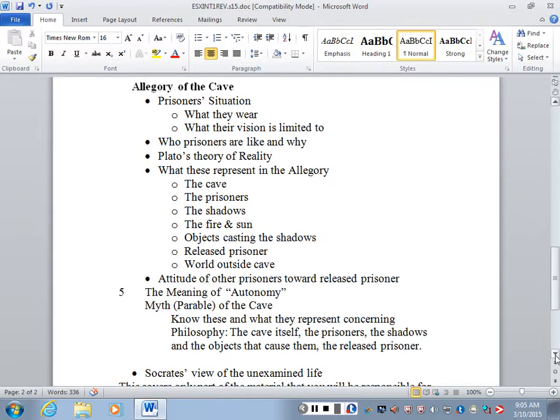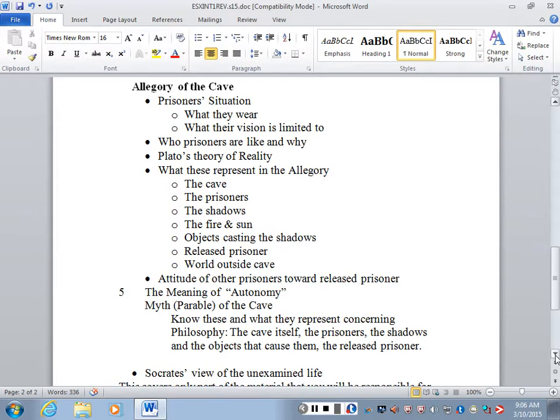So the prisoner situation: obviously, they are prisoners, and have been there all their lives. It's an uncomfortable situation since they are seated. Your book has them seated on a chair; I always picture them seated right on the ground. But it doesn't matter. Their heads and necks are chained, and the important thing to point out here is that they are chained such that they can only see what's in front of them.